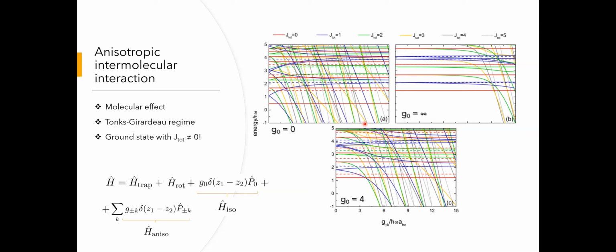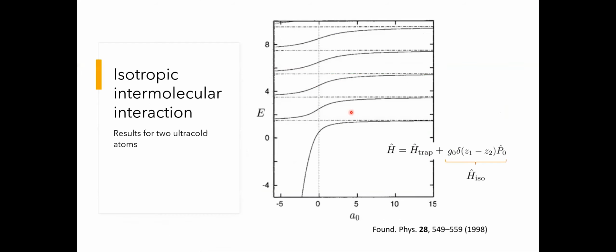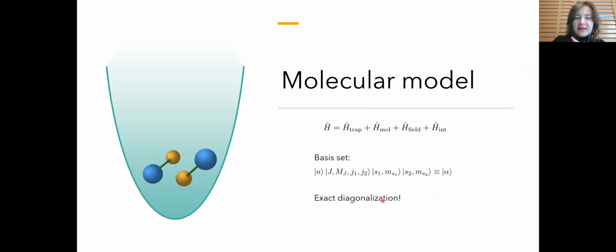Could you please spell out what are the constants of motion in your case? In other words, how many quantum numbers do you need to label the states? Sure. So we have n labeling the quantum harmonic oscillator states. J is the total rotational angular momentum, coming from summing the rotational angular momenta of the first and second molecule.